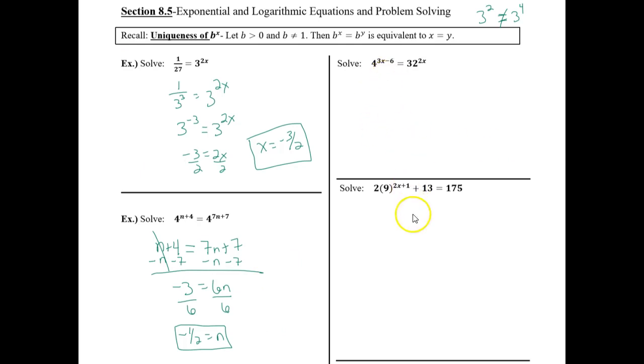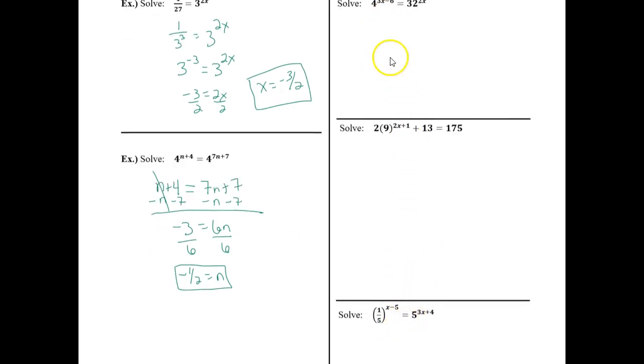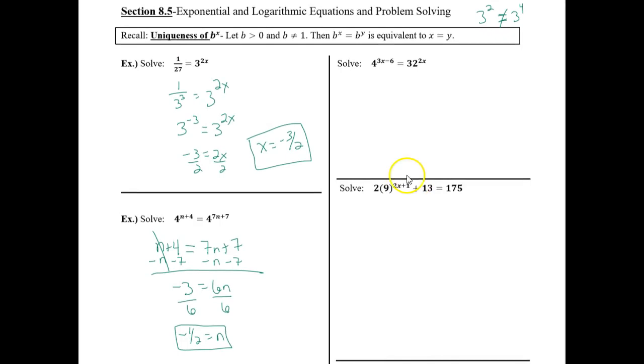You go ahead and try the examples on the right-hand side. And these are a little bit different. So 4 and 32 are not the same base. You have to get them to the same base first by factoring and rewriting them. This next example, we have a lot going on here, but the variable is in the exponent. So the goal is to get rid of that variable in the exponent.